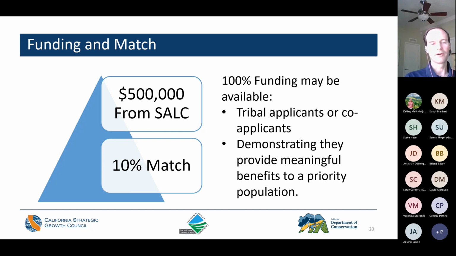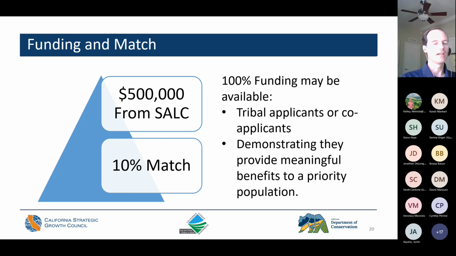Those projects will be prioritized for funding and potentially could receive up to 100% funding. So there would not be a 10% minimum match requirement with those sorts of applications. Similarly, if your project provides meaningful benefits to a priority population, as those are defined in the guidelines, those projects also could be eligible for 100% funding. So keep that in mind.